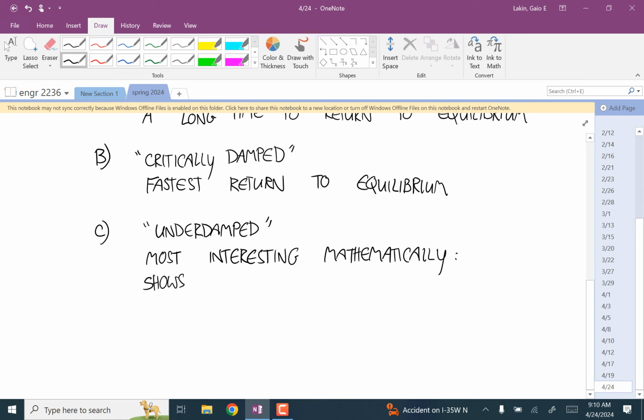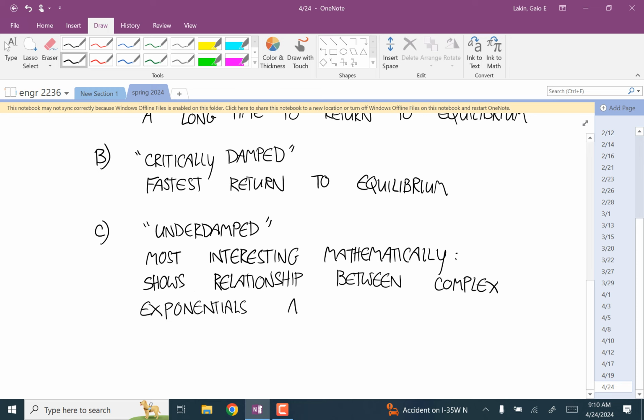This is the one that shows the relationship between complex exponentials and cosine and sine.